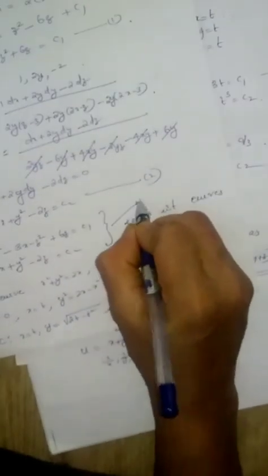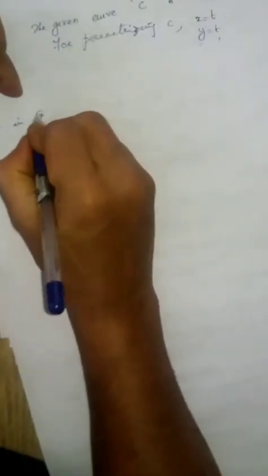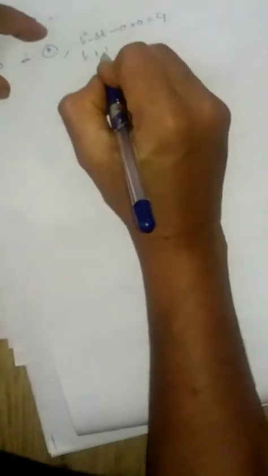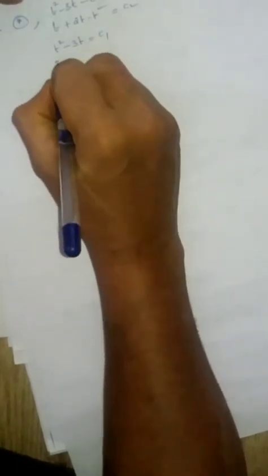So substituting in star, we have x square means t square minus 3t minus z square, which is 0, plus 6z, again 0, equal to c1, and x, that is t, plus y square, which is 2t minus t square, then minus 2z, which is 0, equal to c2. That is t square minus 3t equal to c1, 3t minus t square equal to c2.